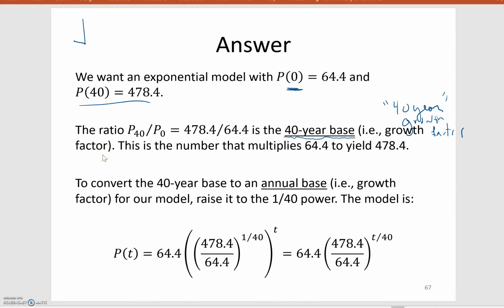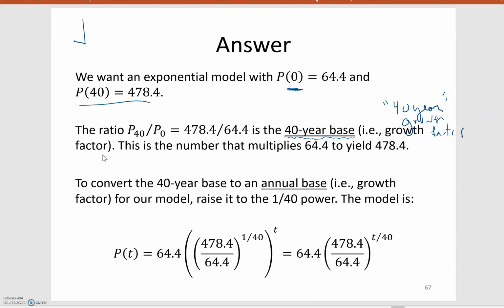As I was saying, we're looking at this 40-year growth factor. If you recall, we looked at a table a few slides ago where we were computing 5-year growth factors, computing the ratio of the function output when we jump forward 5 units. This is the same thing, just jumping forward 40 units, so that's 478.4 divided by 64.4.